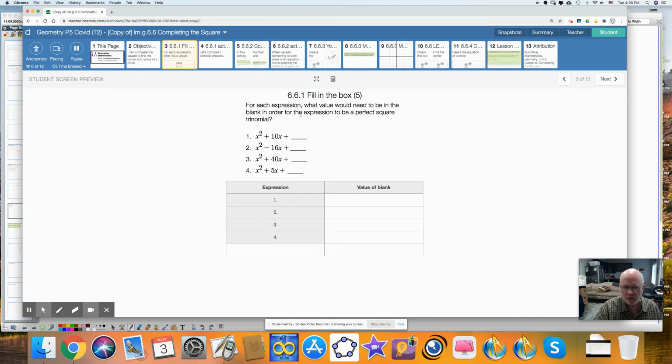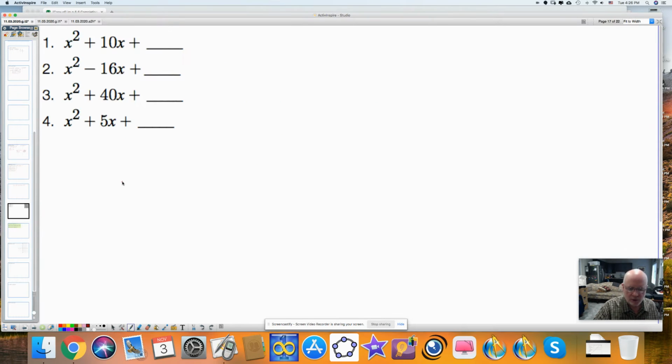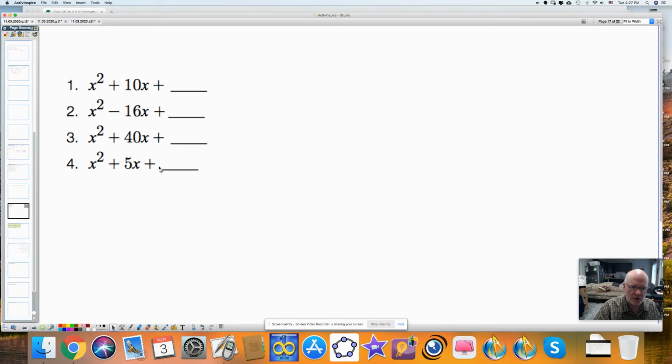So the bell work, or the initial work that we did today, the warm-up, was for each expression to tell what value would make this a perfect square trinomial. I'm going to do this on my whiteboard. We know that the coefficient of the x term is equal to 2a, and I'm looking for a squared.